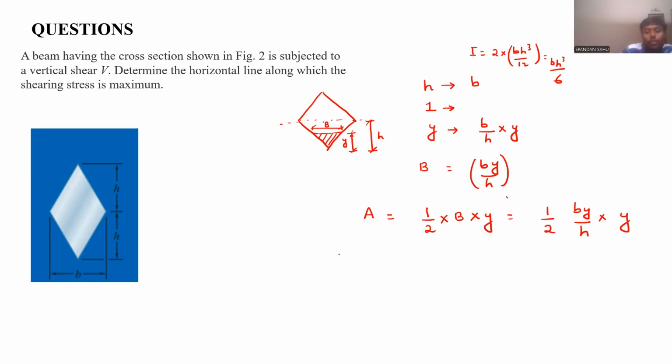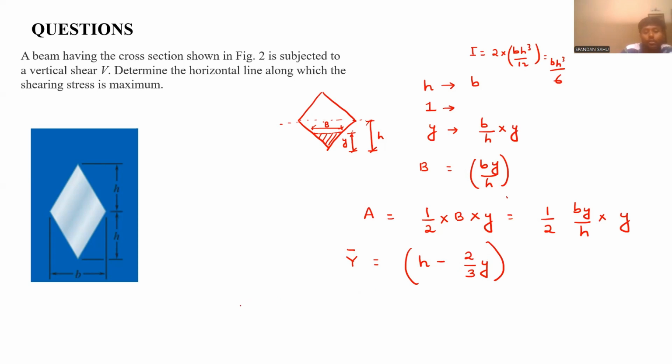And your y bar is the moment of area of this shaded portion about the neutral axis. So your y bar will be, first check, h minus 2/3 of y. Is this correct?